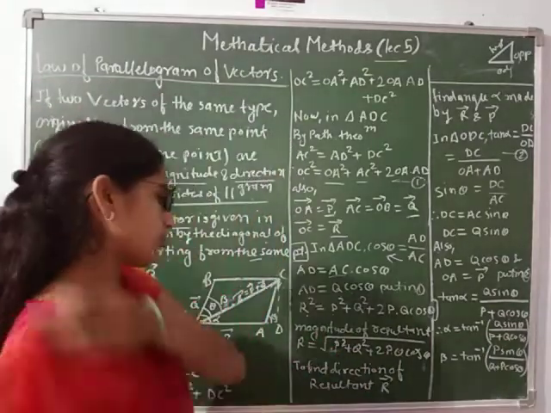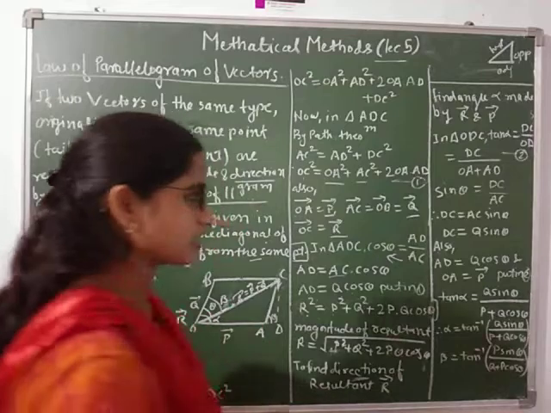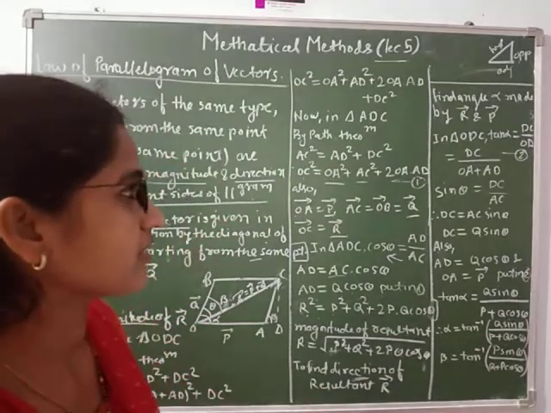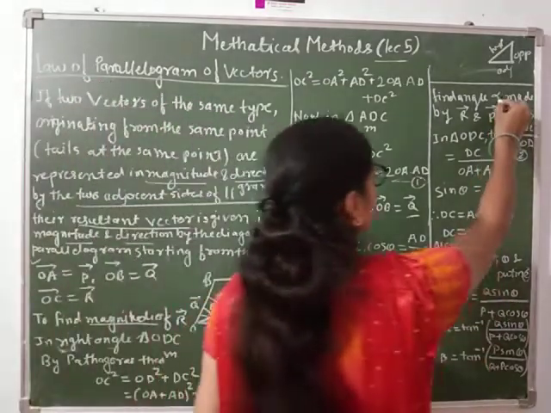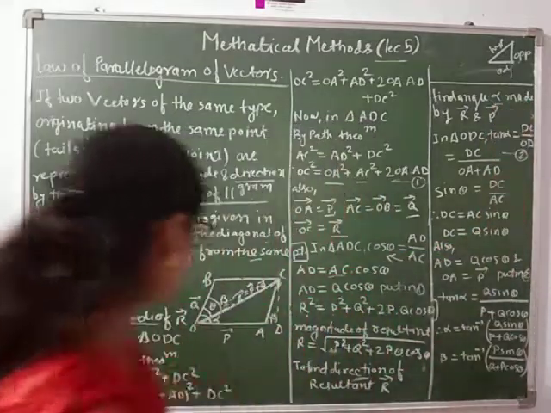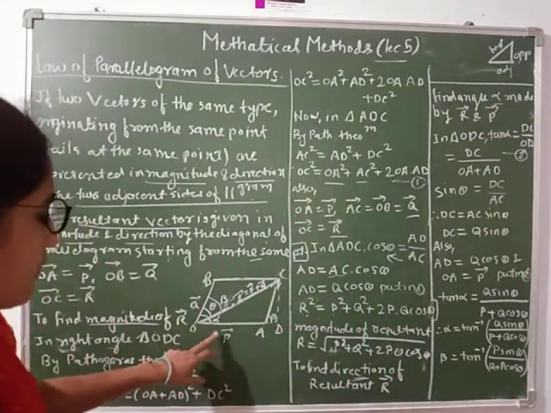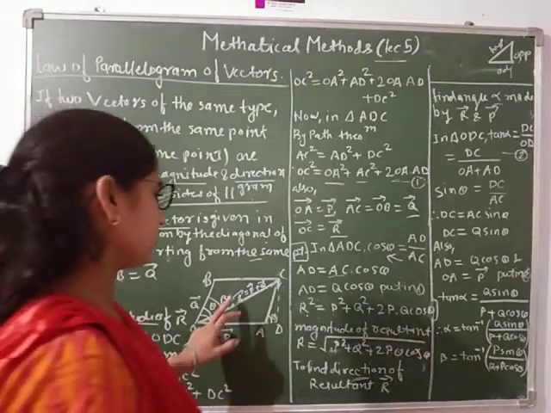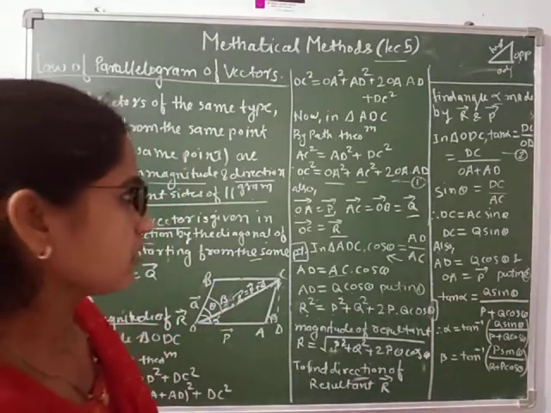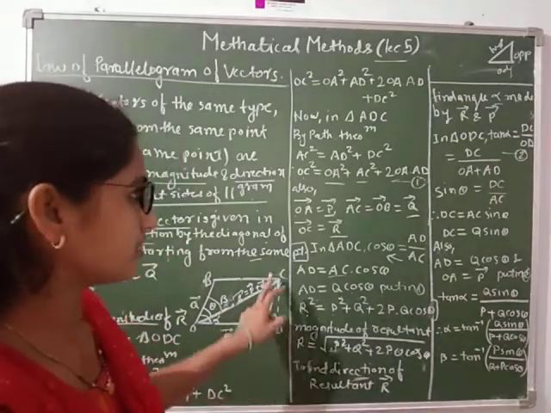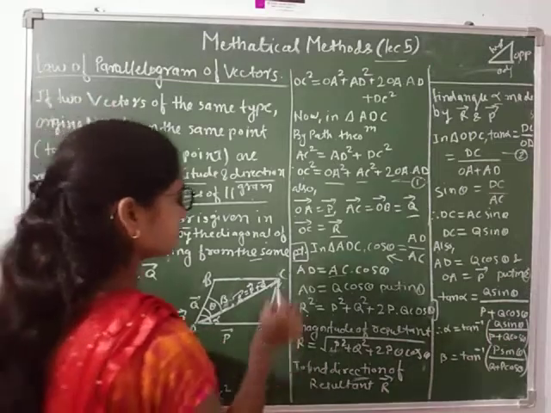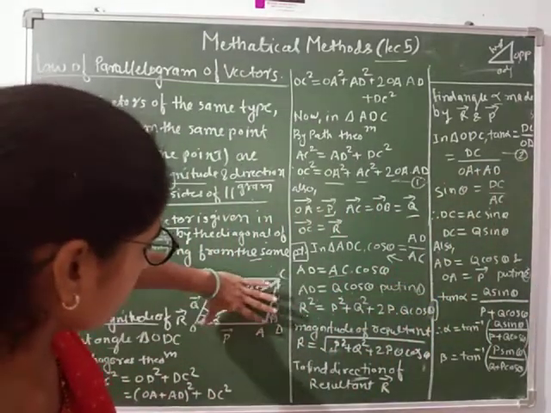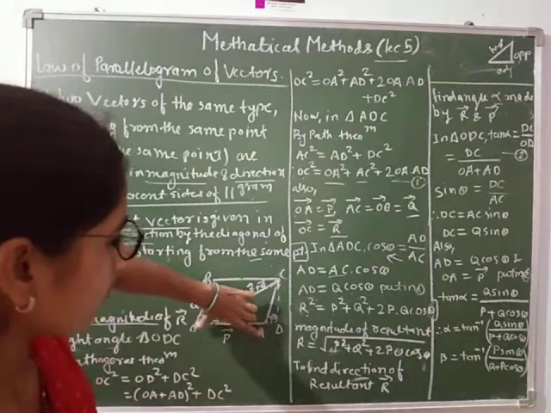Now to find the direction of the resultant vector R, first find the angle alpha, which is made by the vector R and vector P. Now in triangle ODC, tan alpha is equal to DC upon OD.